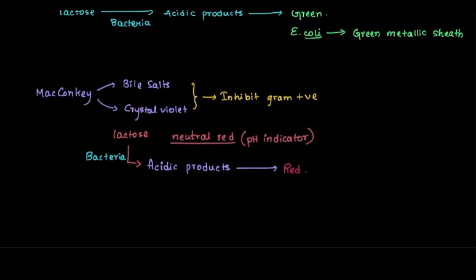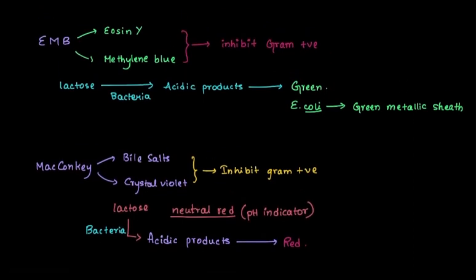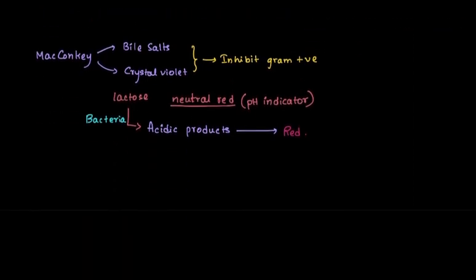And E. coli is again the example which can ferment lactose and give the red color in the McConkey.